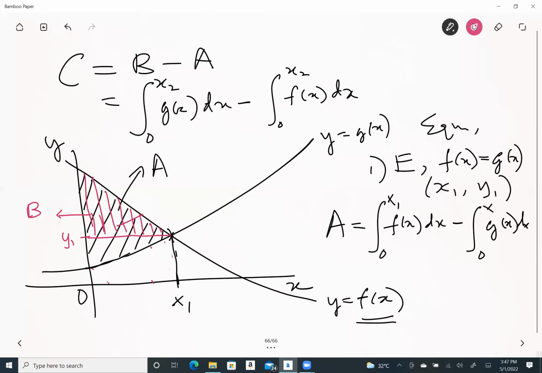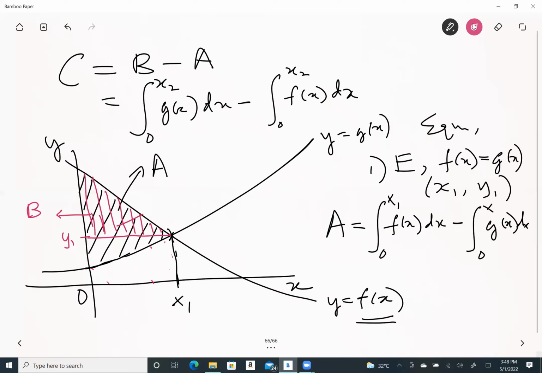f(x) from 0 to x1 is the area under f, okay? Area under f from 0 to x1. In other words, the integral from 0 to x1 of f of x. But that is only half of the story, half of the area. What you want is B, okay? B is that triangle. So you have to take out something.